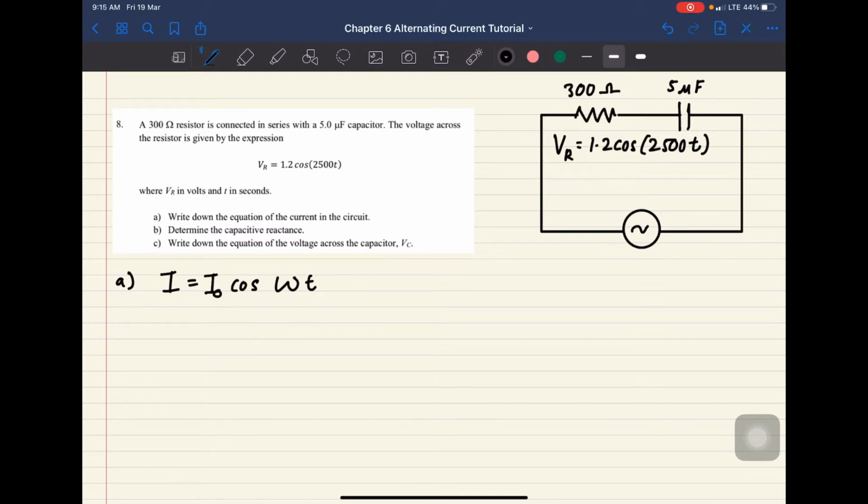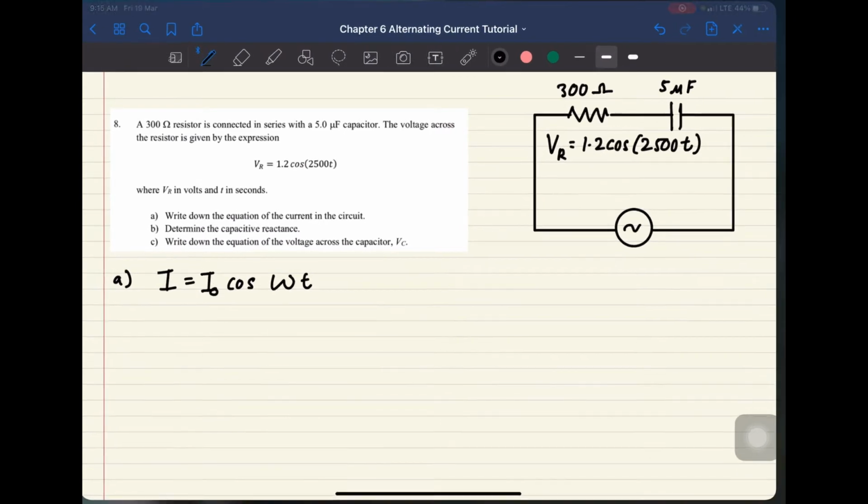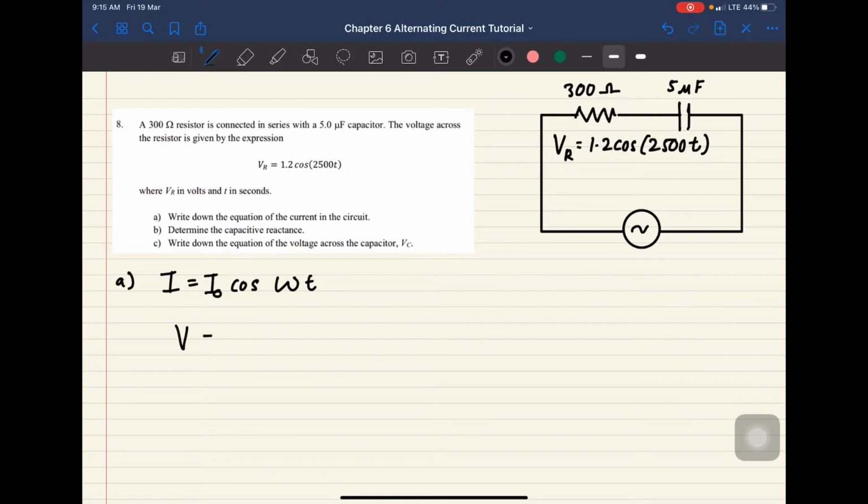So I need to find I naught first. To find I naught, I can use V equals IR. That one's from Ohm's law. If I were to use VRMS and IRMS, this one would be Z, because that one's for the whole circuit.